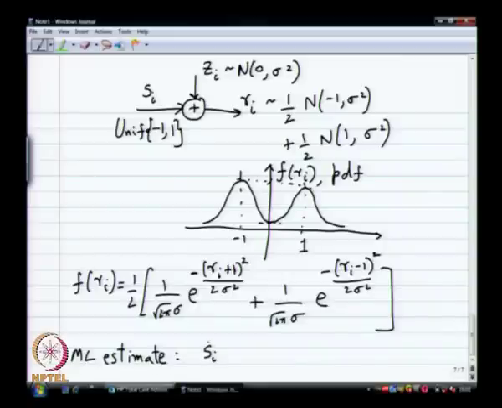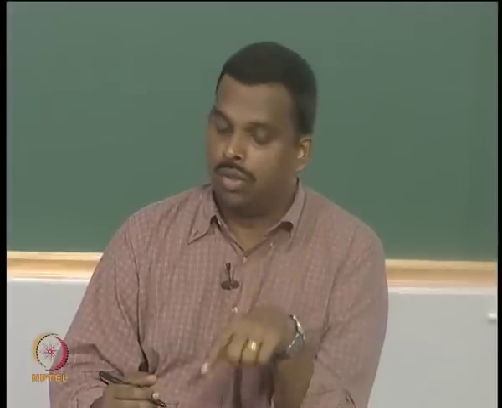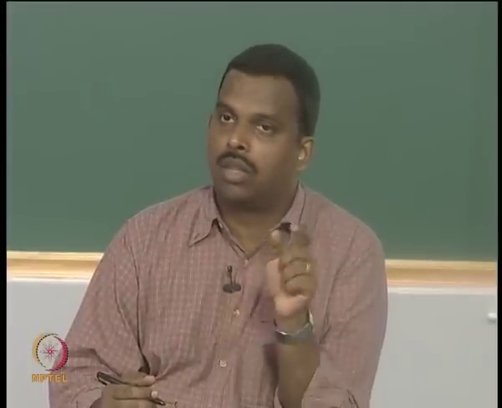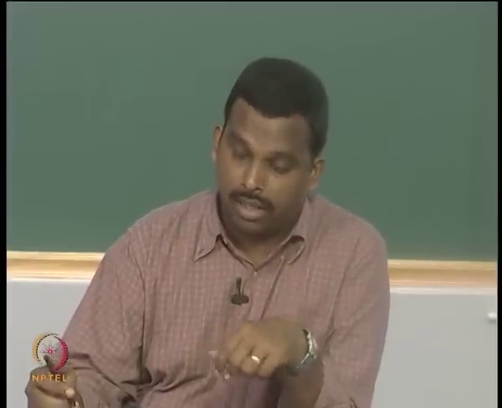Si cap is plus 1 if Ri is greater than 0 and minus 1 otherwise. So basically you can do what is called slicing. You can slice Ri. This is a very crude term to use, but basically you do a slicer, it will work like that.